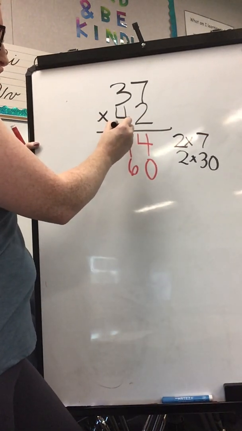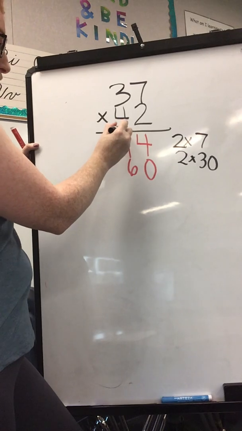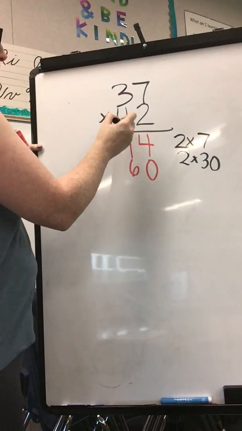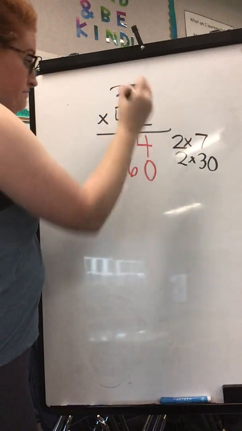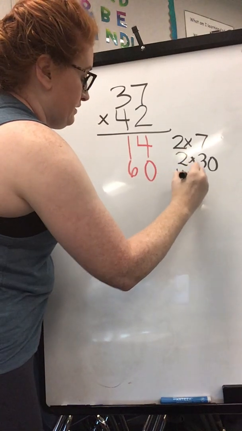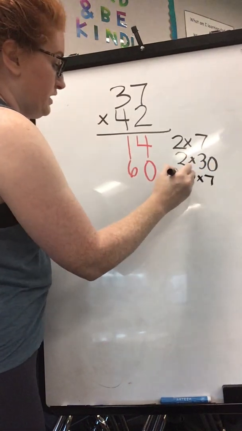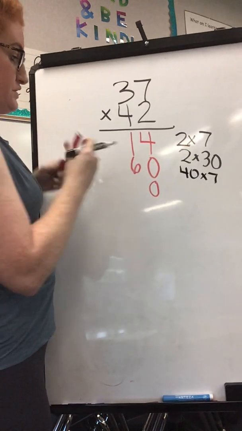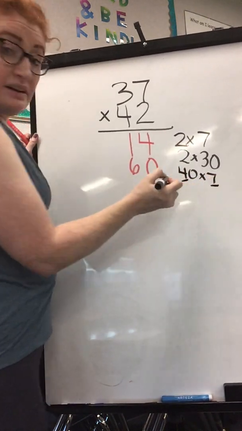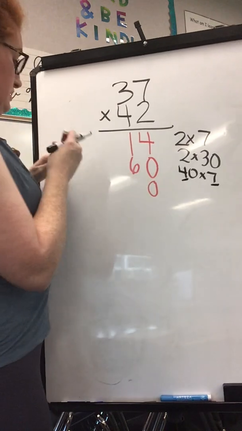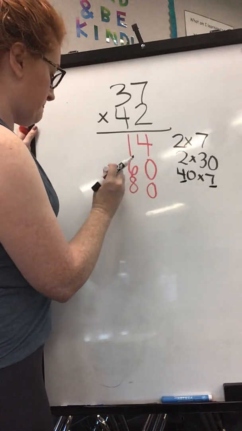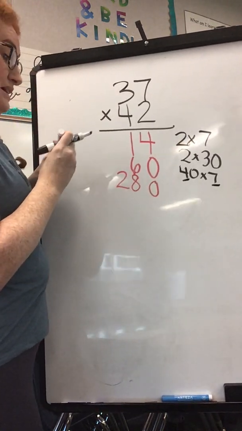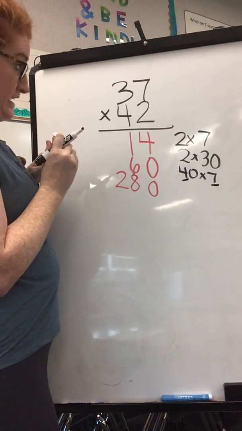And we're going to move over to the 4, which is in the tens place, so that's going to be 40. So 40 times 7. Or you can add your 0 right here, because it's right there, and then just focus on the 4 times the 7. 4 times 7 is 28. So 40 times 7 will be 280.